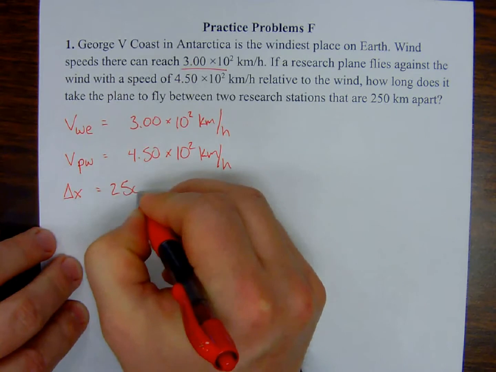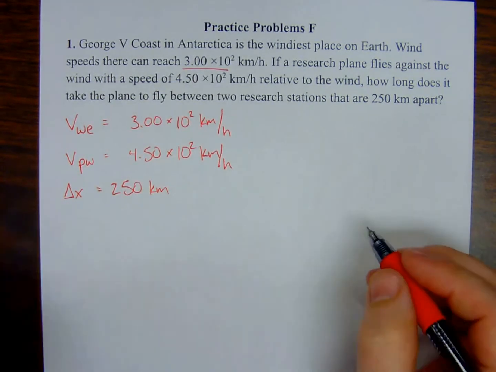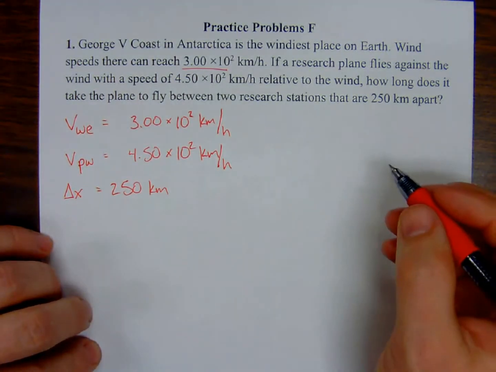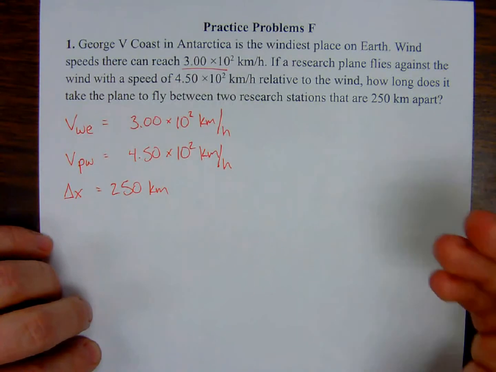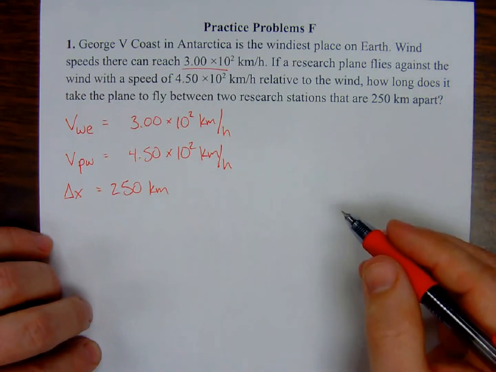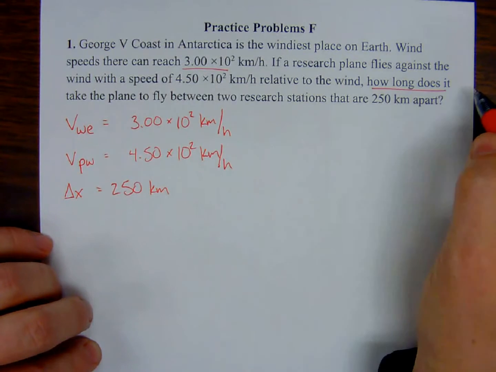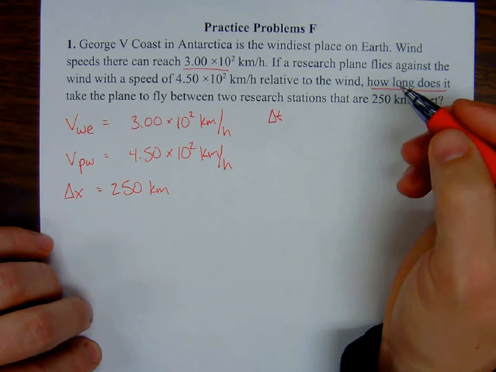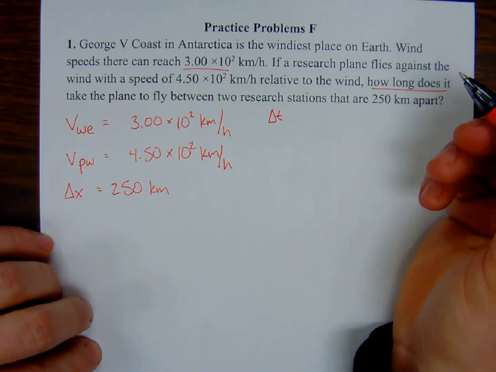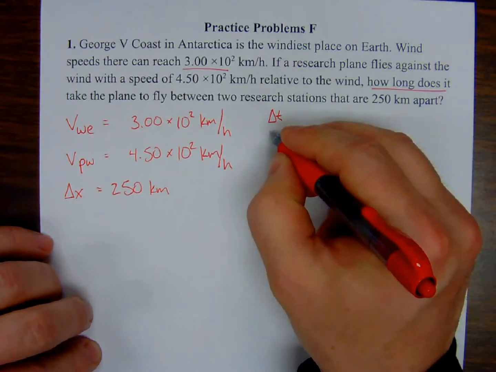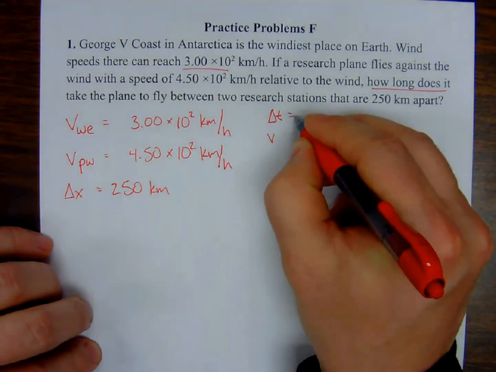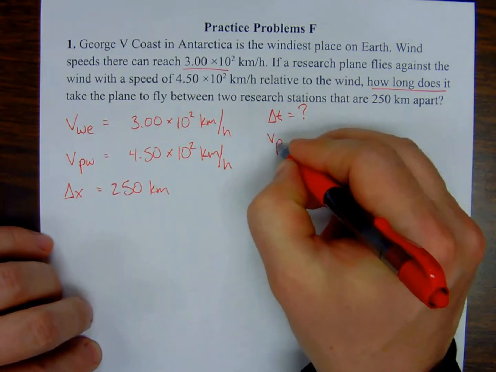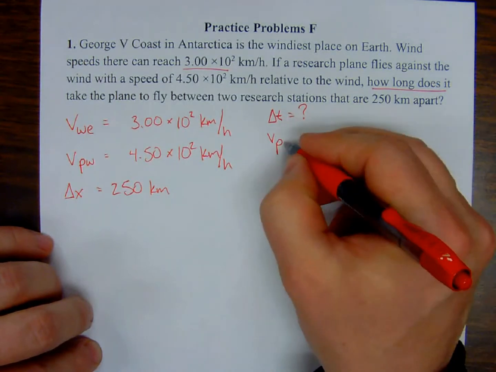Now, what we have here is a relative motion problem. We are being asked to find how long. So we are trying to find a delta t, but in order to find a delta t, we're going to have to find a velocity, the velocity of the plane with respect to Earth, because the two research stations are 250 kilometers of Earth apart.